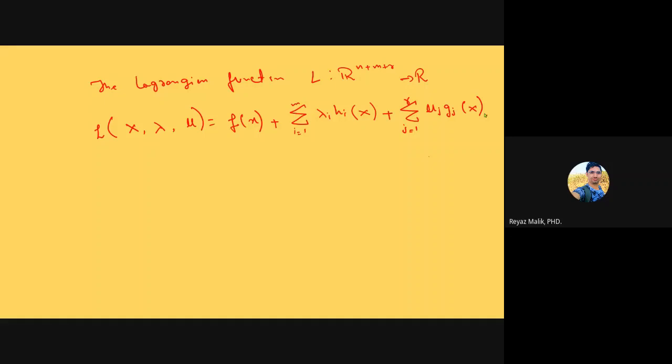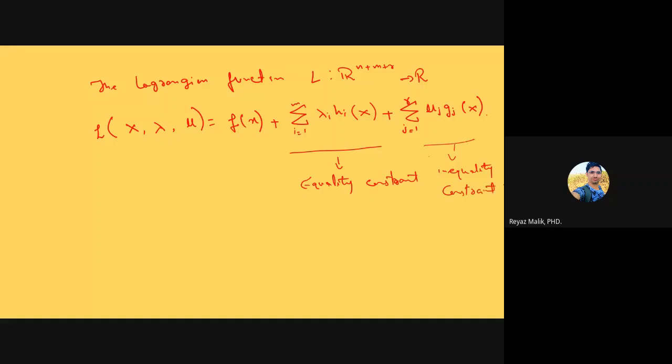Then this part will be called the equality constraint part. Equality constraint part, okay? And this part will be treated as inequality constraint.